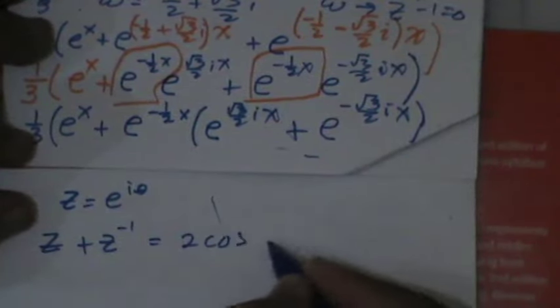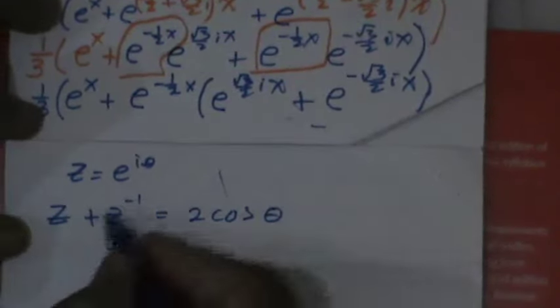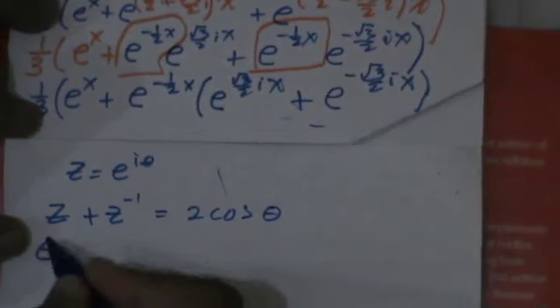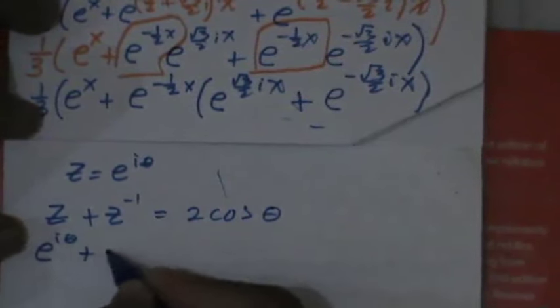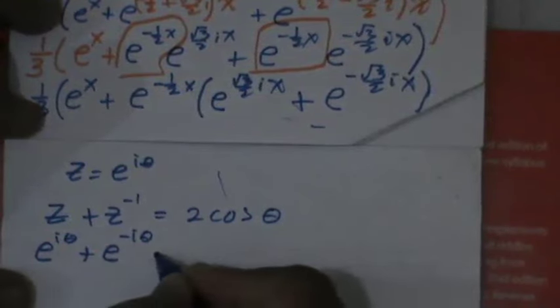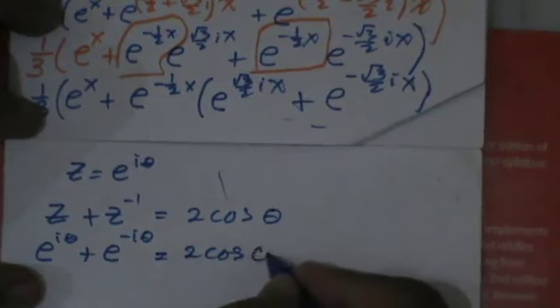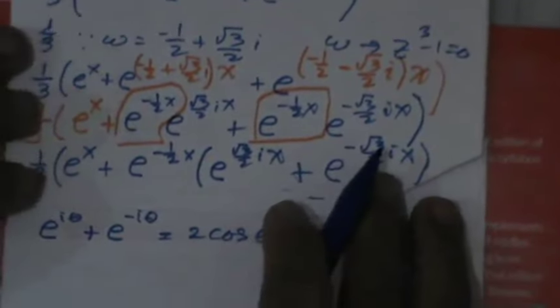In De Moivre's theorem, we said that z plus z to the negative 1 is equal to 2 cosine theta. Correct? But in that form, e to the i theta plus e to the negative i theta gives you 2 cosine of theta. Right?